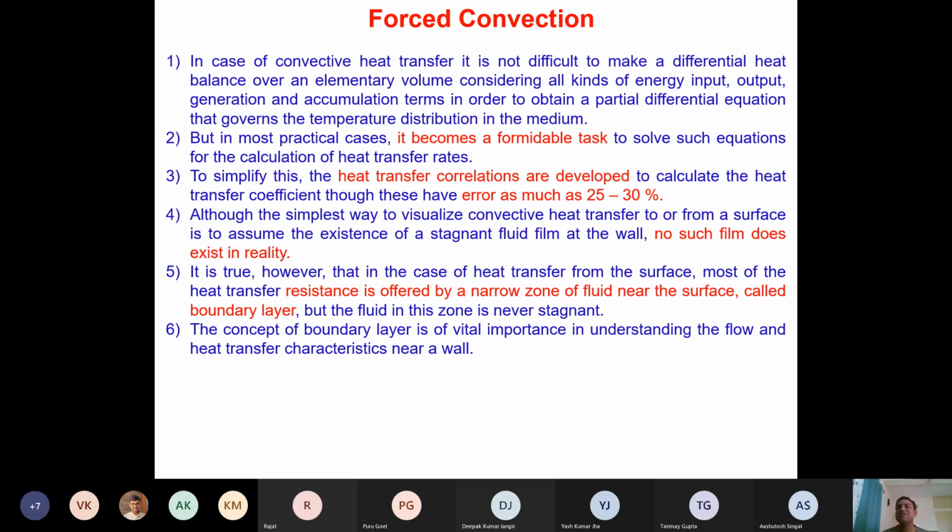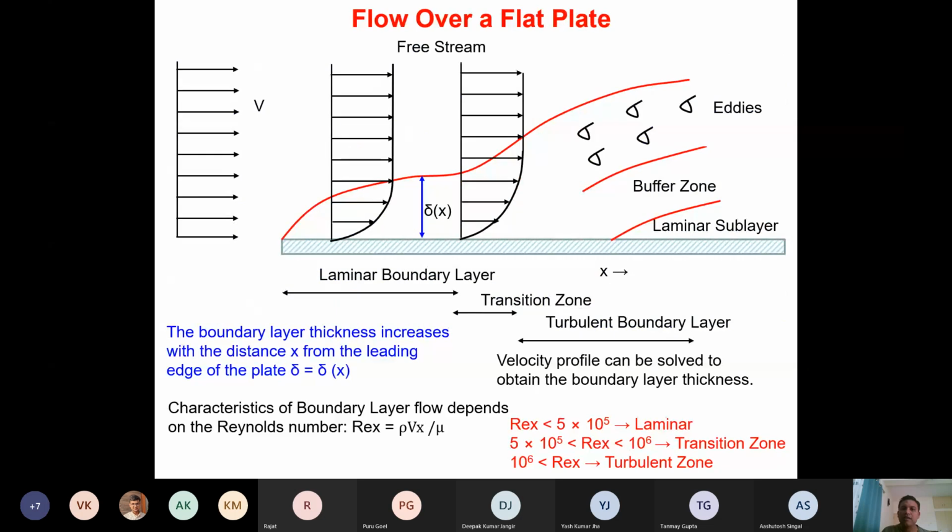One of the easiest ways to look at these problems is to look at the boundary layer. So that is what we have seen in the last class. This is the typical boundary layer flow shown here. Here you can see there is a flat plate, and around this flat plate the fluid is flowing with a free stream velocity of v.